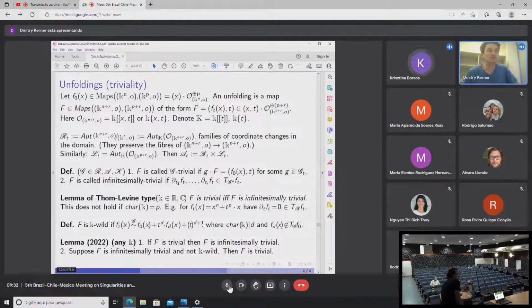So this is the interpretation, and the problem is in positive characteristic. Am I sharing properly? Do you see the slide? Yes. So you see here, you might have something which is absolutely non-trivial, but it is multiplied by t to the power of t.